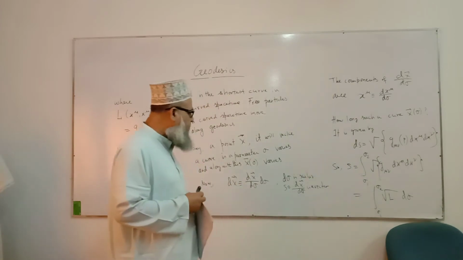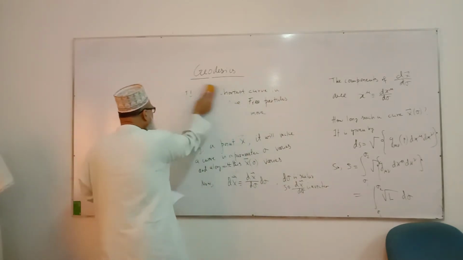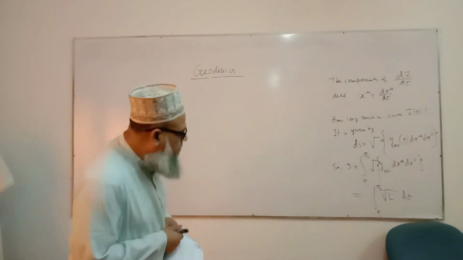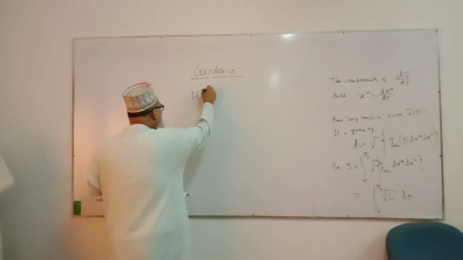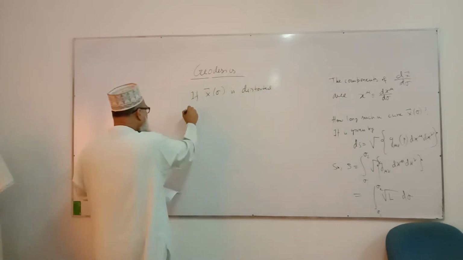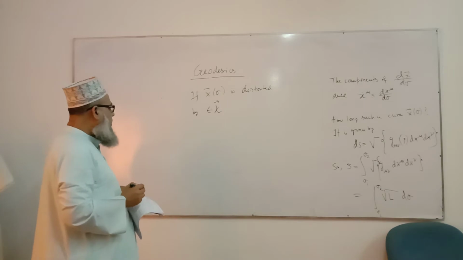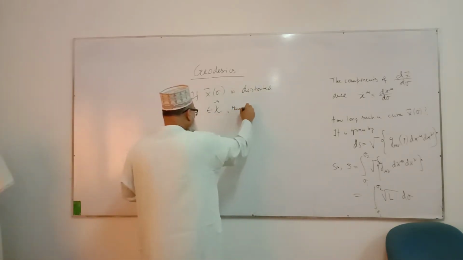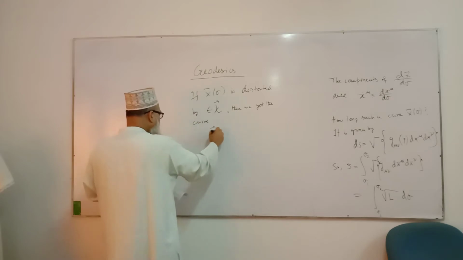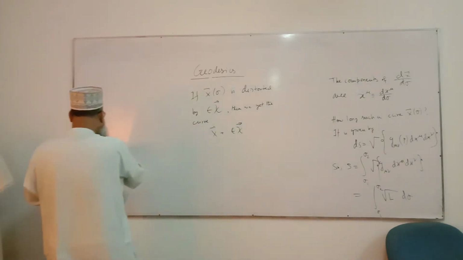What is the point? The point is, if the curve x of sigma is distorted by epsilon chi, then we get the curve x plus epsilon chi. This is the distorted curve.